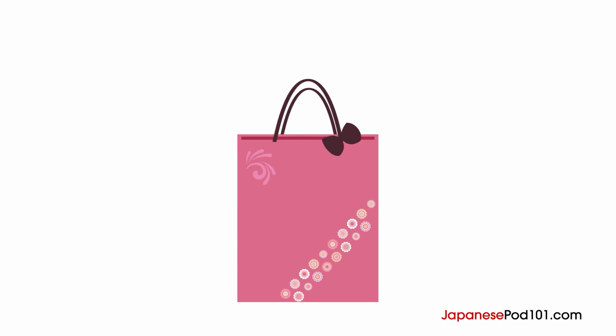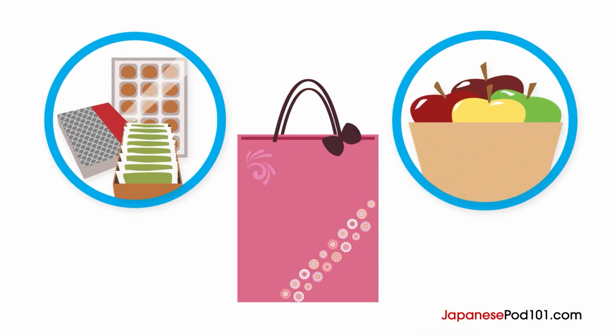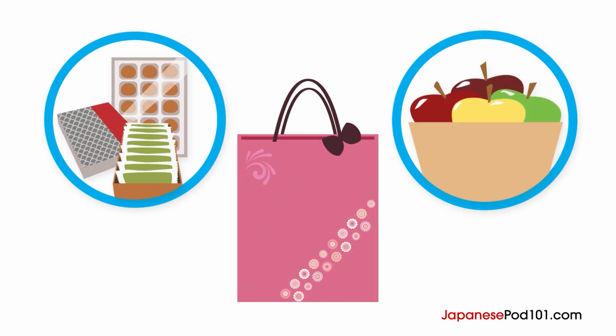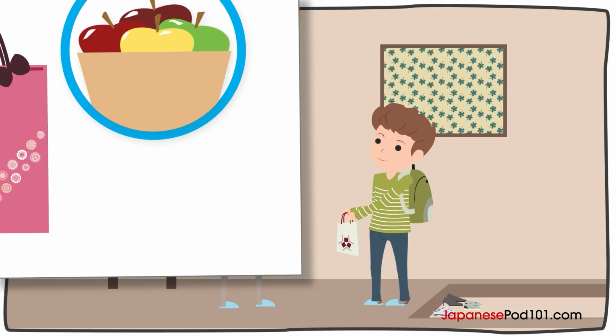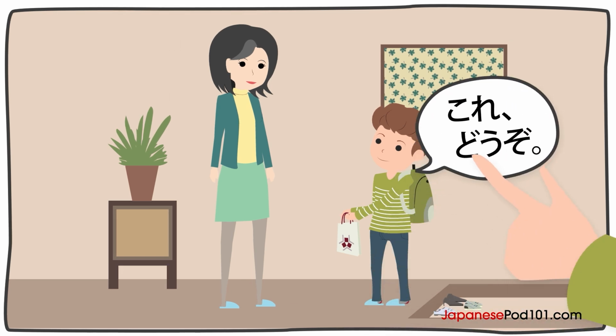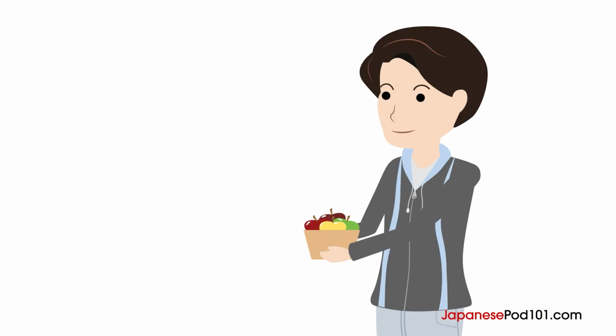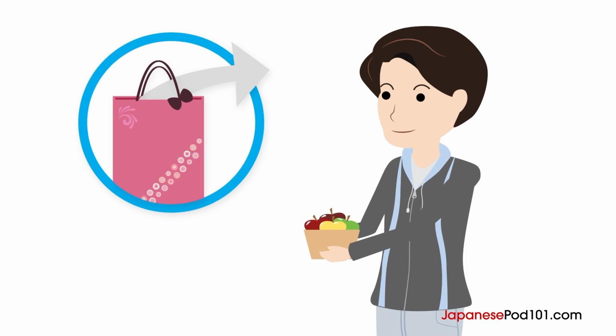Usually, it would be something to eat, such as sweets or fruits, and the price range would be around 3,000 yen. This would vary depending on your age or the situation. When you hand it to your host, you say, これ、どうぞ。Make sure to hold it with both hands. If it's in a paper bag, it's polite to take it out of the bag and then give it to them.